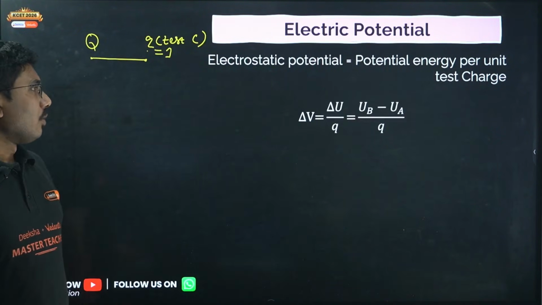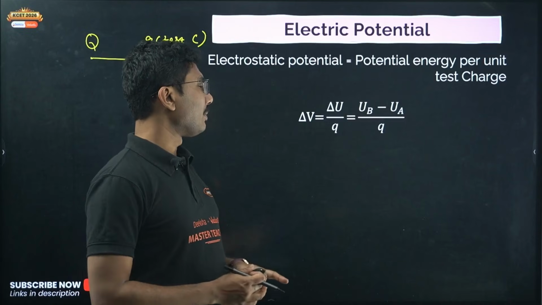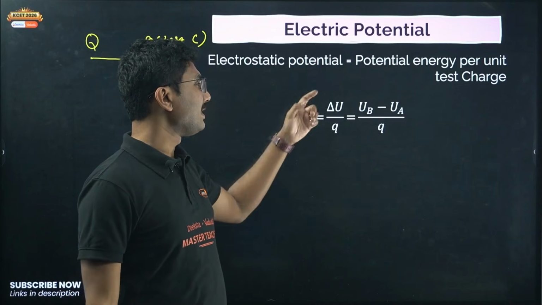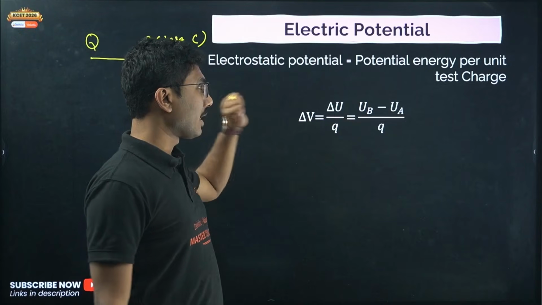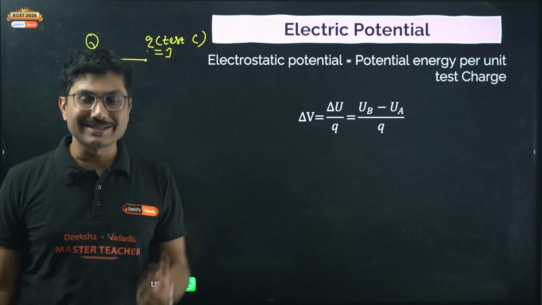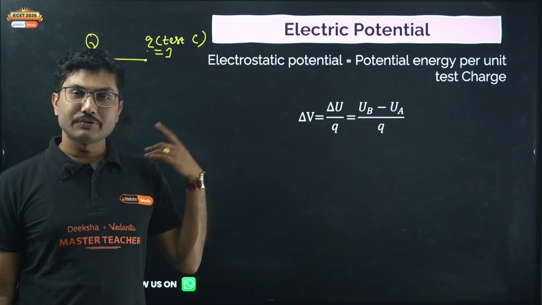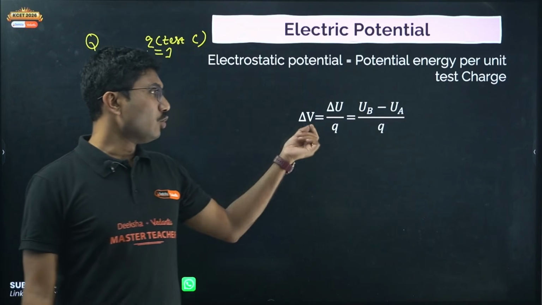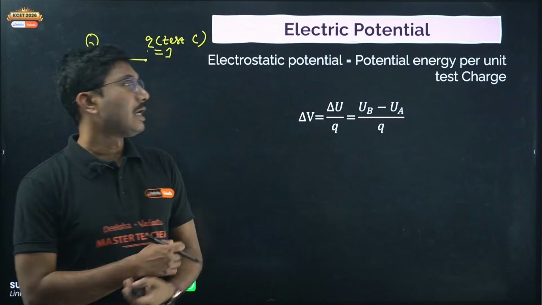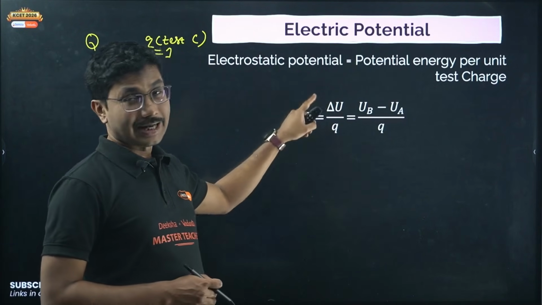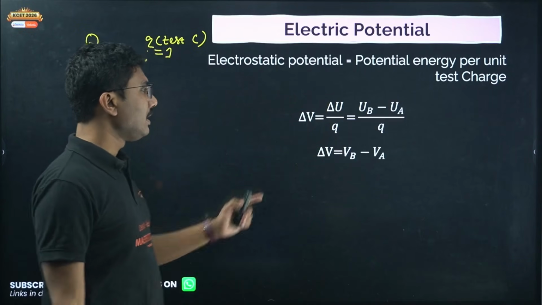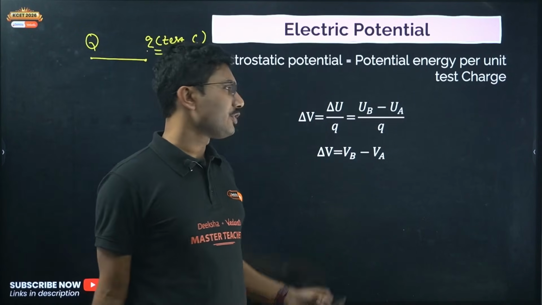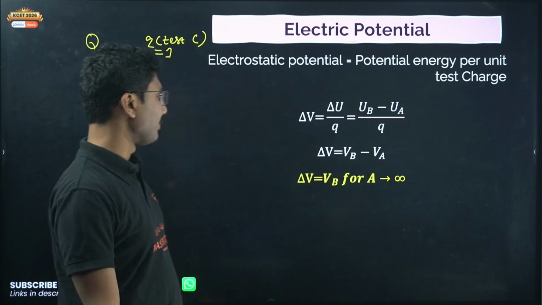Now the change in potential is given by the change in potential energy divided by q. The work done that we calculated, the potential energy, was for charge q. So potential will be that potential energy divided by q. That's it. So delta V is the change in potential, which is given by VB minus VA.